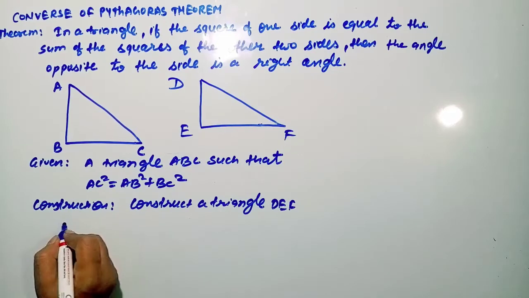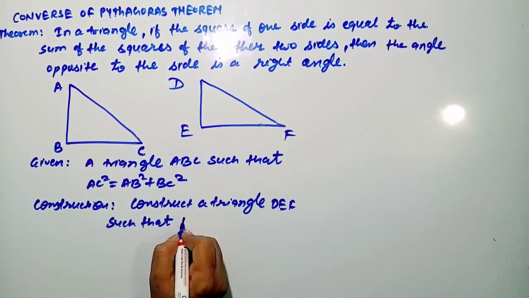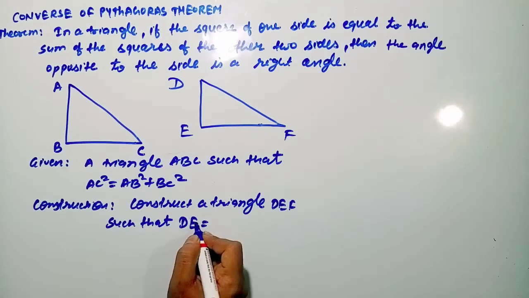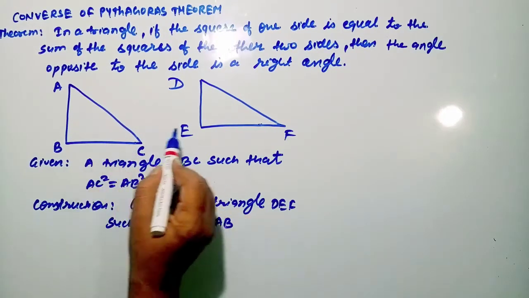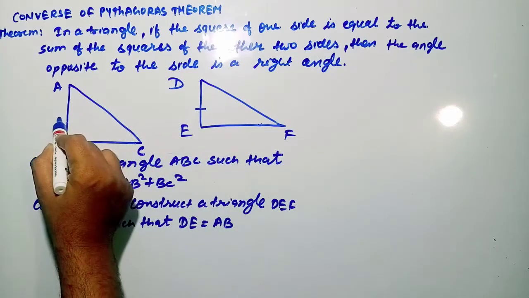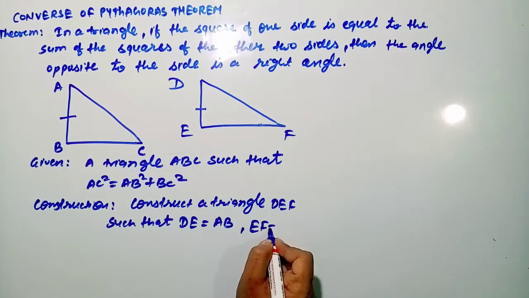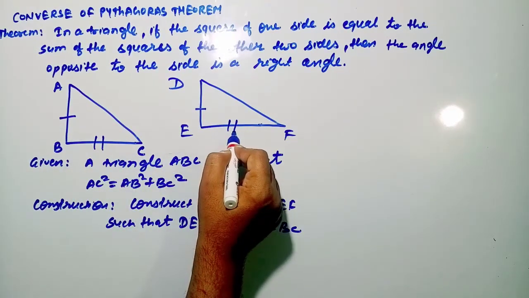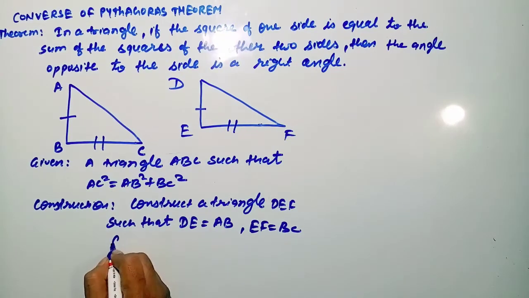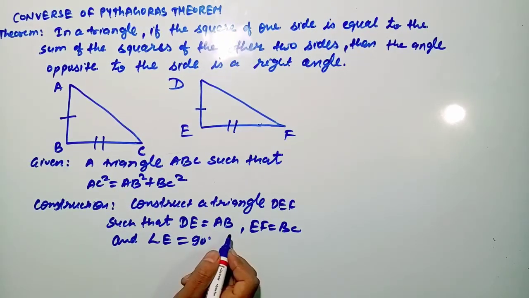Okay student, so this triangle DEF should be such that DE is equal to AB, EF is equal to BC, right? Here in triangle DEF, angle E is 90 degree.